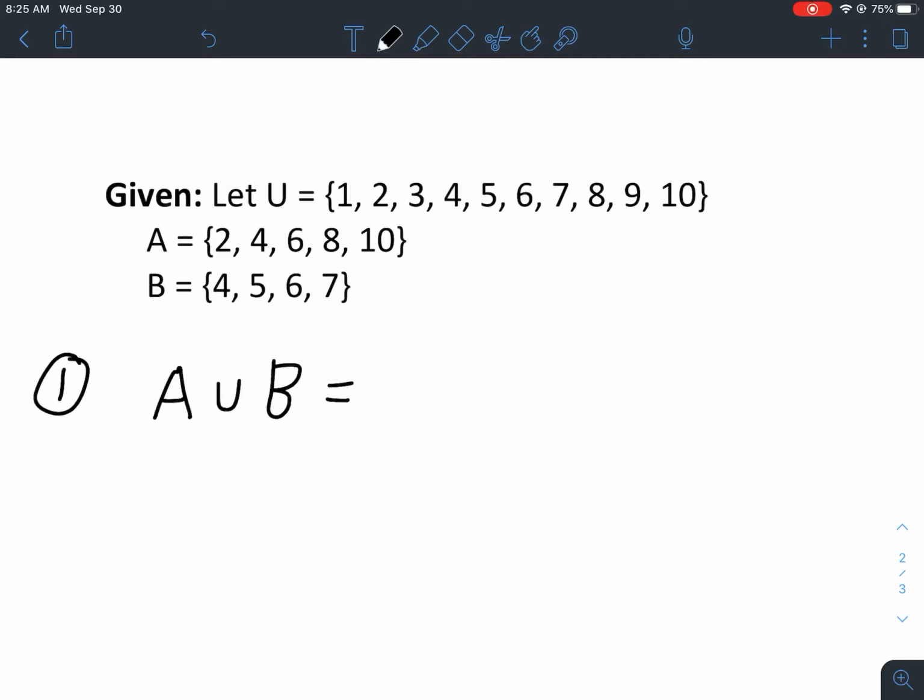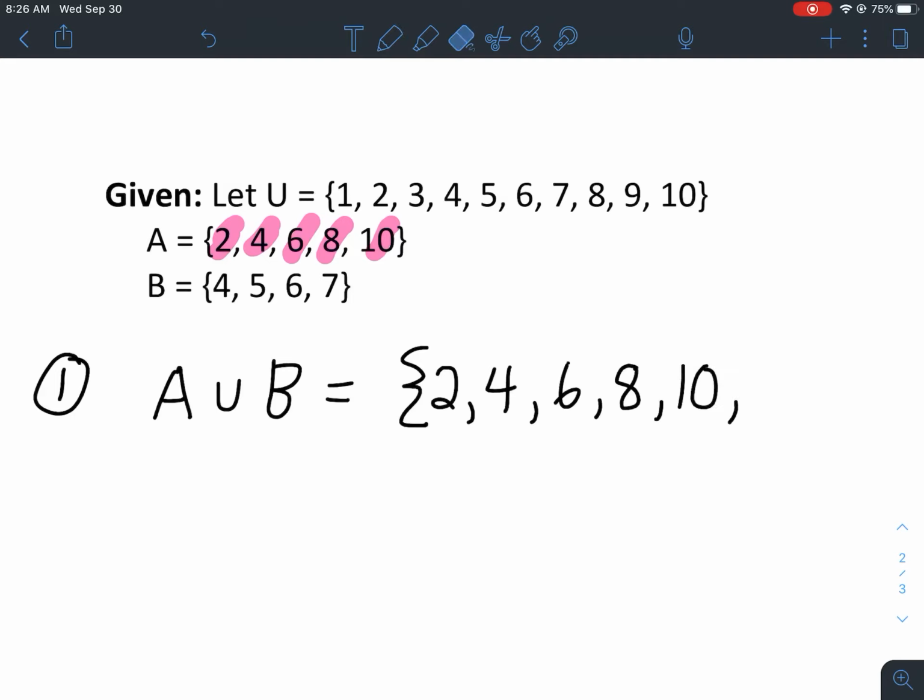So remember, union means you're joining the two sets together. So we're joining A and B together. So let's make sure we have all the elements. So we have 2, we have 4, 6, 8, 10. And let's add any elements that we're missing.